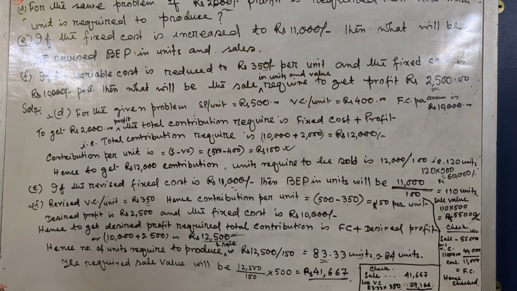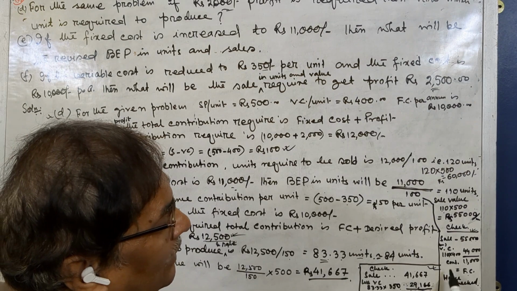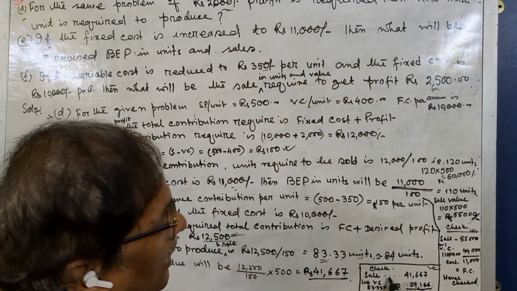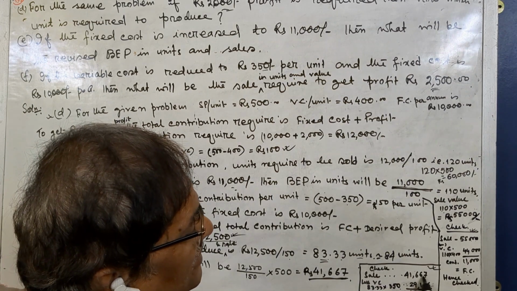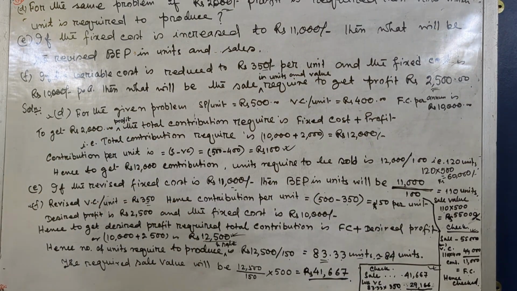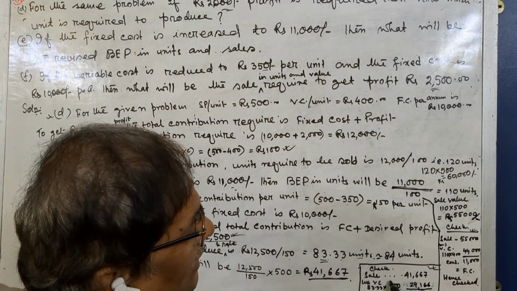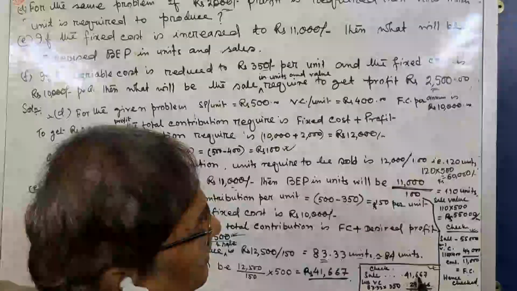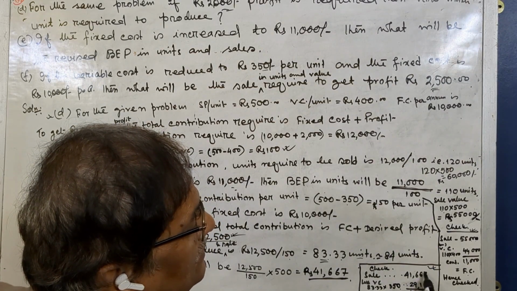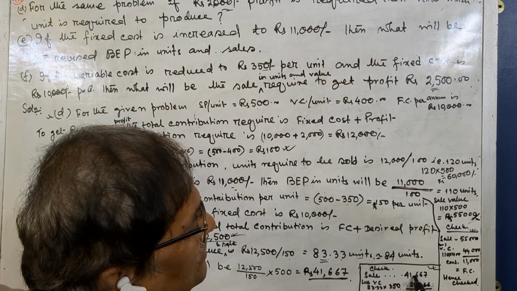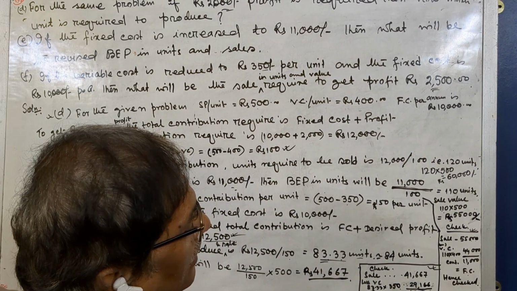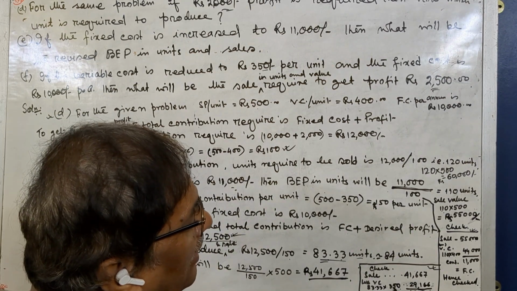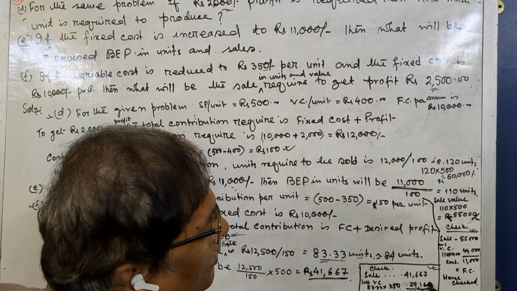If you want to check whether this is correct or not, I have shown you here the calculation. The sale value required is 41,667. The sale value per unit is 500 rupees. If you divide this by 500, that means the units sold are this, and per unit variable cost is 350. Hence the total variable cost is this.